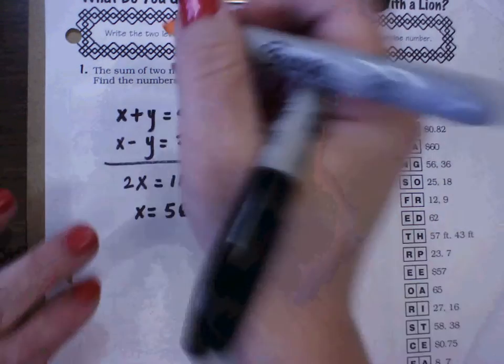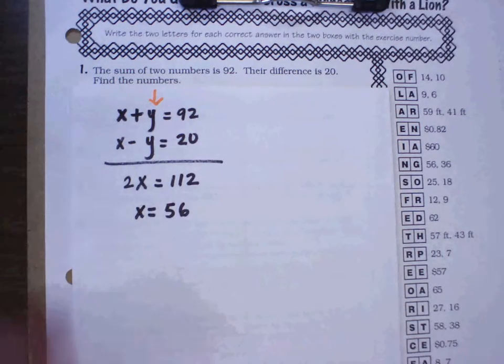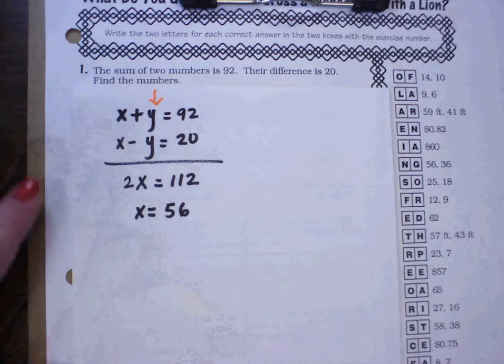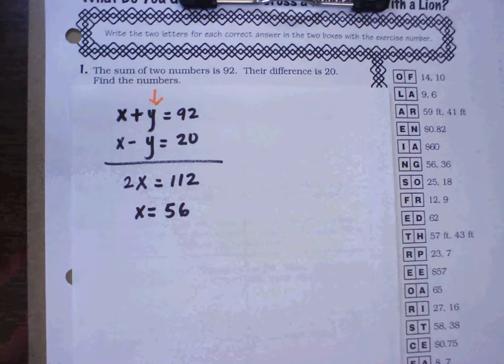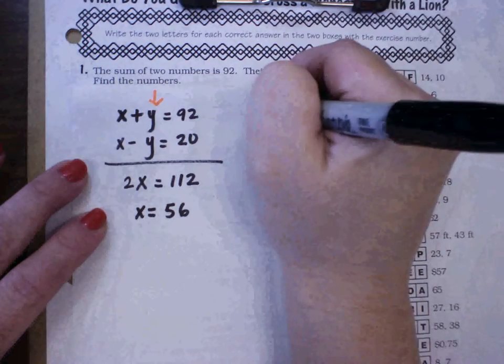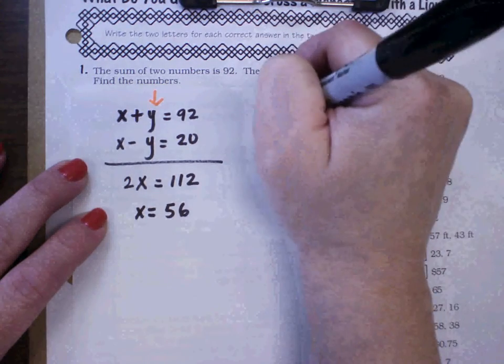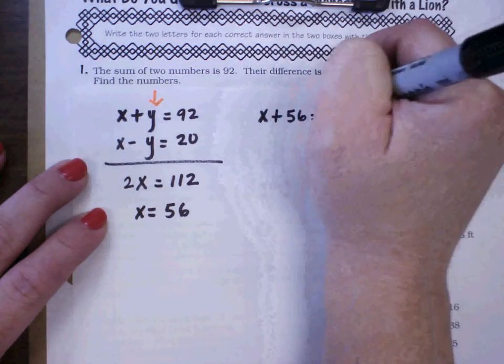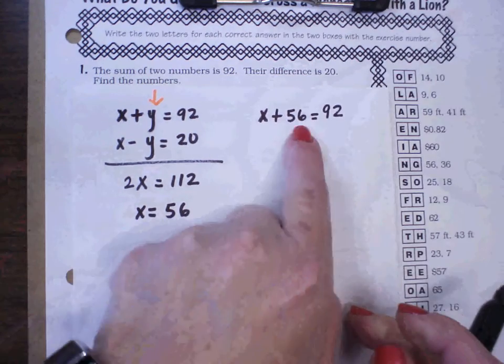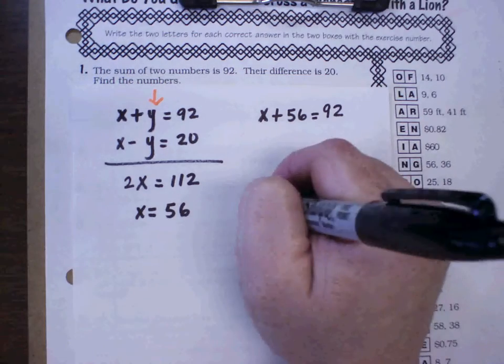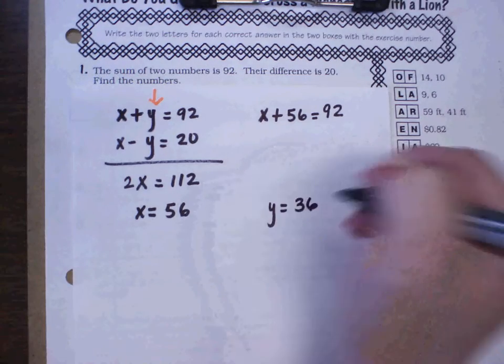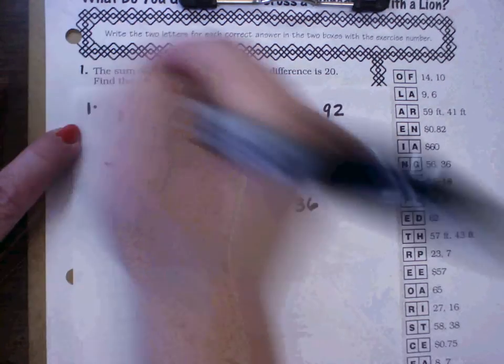So now their addition is 56. So x plus 56 equals 92. So now you got to take away 56, right? From 92. And y equals 36. Very good. That was number 1.